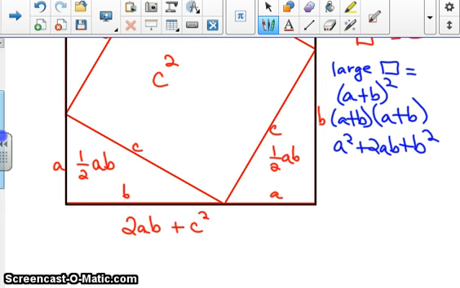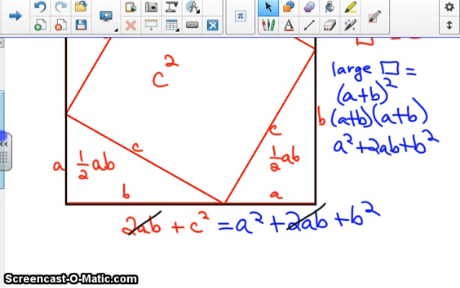Outside, I had A squared plus 2AB plus B squared. Notice what happens if I subtract 2AB on each side. What do I have? C squared equals A squared plus B squared, or using the symmetric property of equality, A squared plus B squared equals C squared. Back to the Pythagorean theorem.